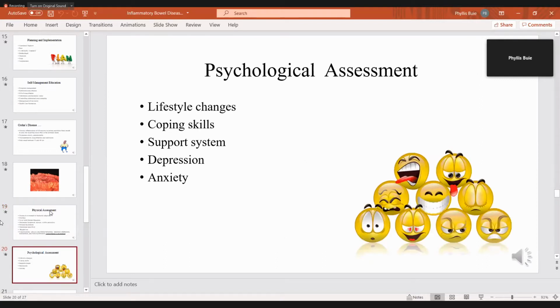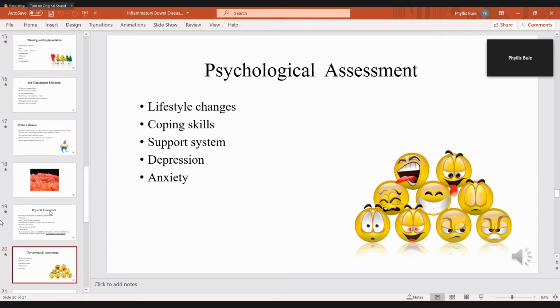So what type of psychosocial aspects are we going to look at? It's very similar to the other condition that we looked at. We're going to look at lifestyle changes. What can they do to make it better? Because we're all different, and different things affect different people.